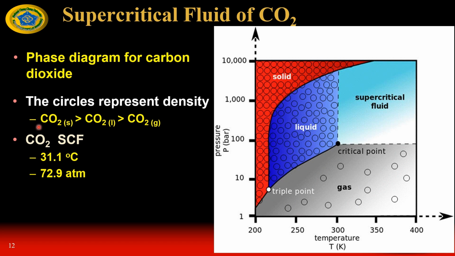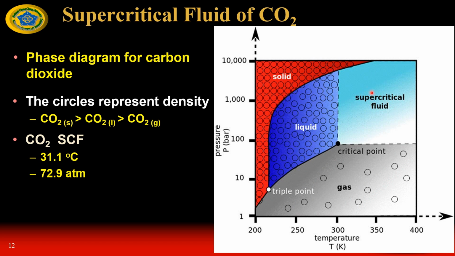The supercritical fluid state for carbon dioxide starts at 31.1 here, and this part is 72.9 atm. The region bounded by this dashed line from the x-axis and this dashed line from the y-axis is called supercritical fluid, beyond the gas phase, liquid phase, and solid phase.